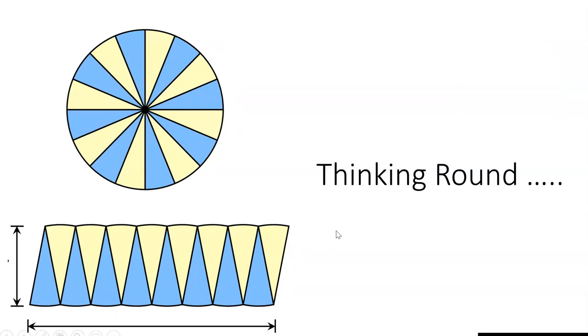Now, let's think this through a bit further. The distance of one of these segments is actually the radius, the distance from the centre of the circle out. So the distance along here could be termed as pi r.